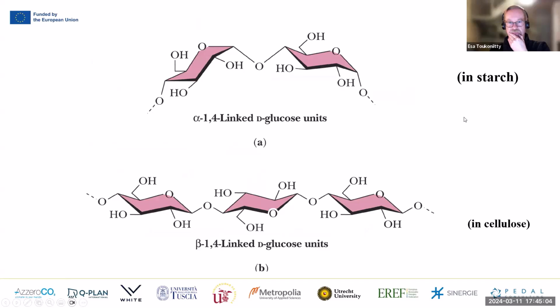Here is also, it's a little bit confusing perhaps, but there are also these 1,4 bridges, or two different ones. There are alpha and beta forms, and it's not so important to know which one is which.